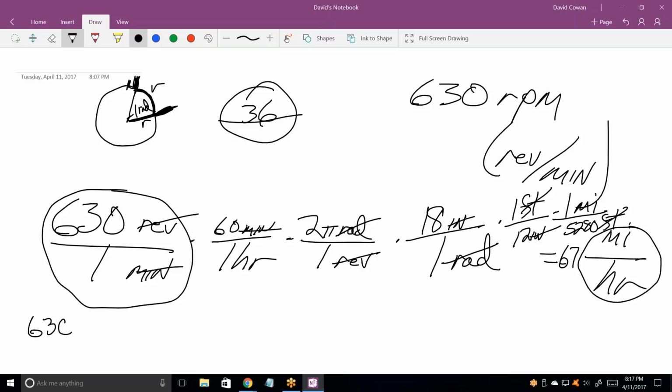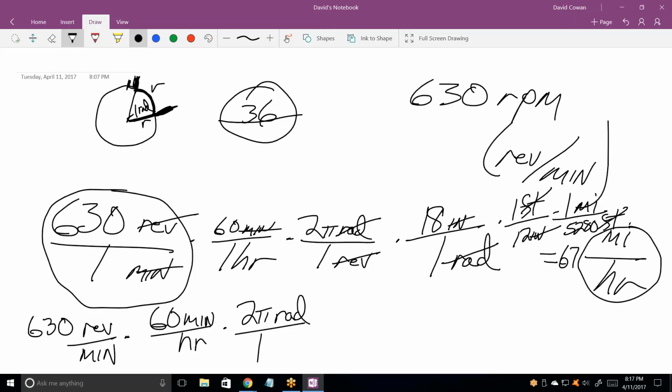We got 630 revolutions per minute. Multiplying that by 60 minutes per hour. Multiplying that by 2 pi radians per revolution. You get that, right? Every time that thing does one revolution, that's 360 degrees, which is 2 pi radians. Okay. And then it's 18 inches per radian.